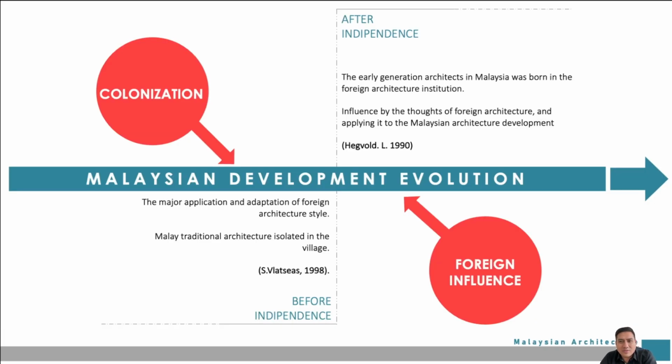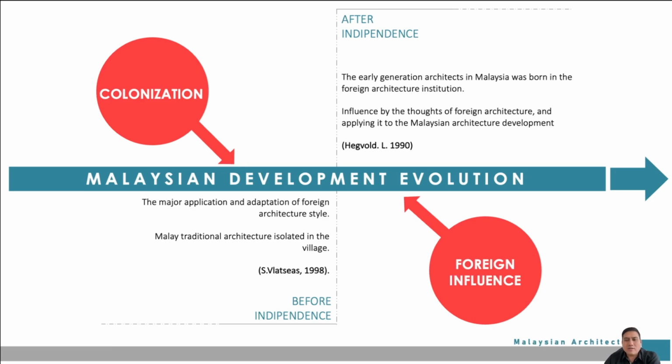So to conclude, the evolution of Malaysian architecture can be classified into two periods: before independence and after independence. Before independence, when there was colonization, if we read through history, we were colonized in a series of events, starting with the Portuguese, British, Japanese and so on.